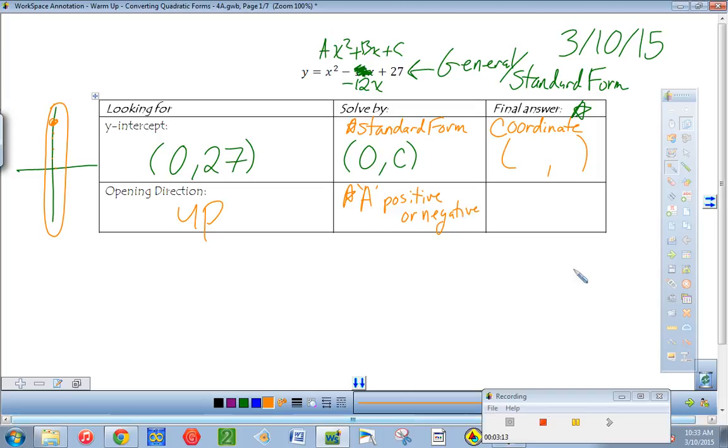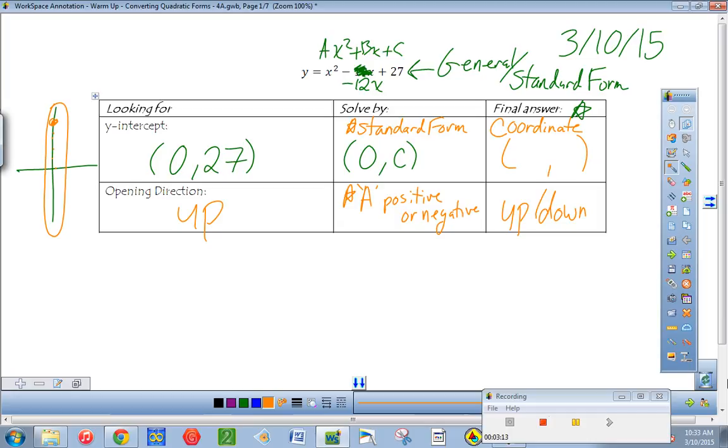What are your possible answers here? Positive and negative. Up or down. Those are the two possible answers. I meant, what is your final answer going to be? Does that say a is positive?